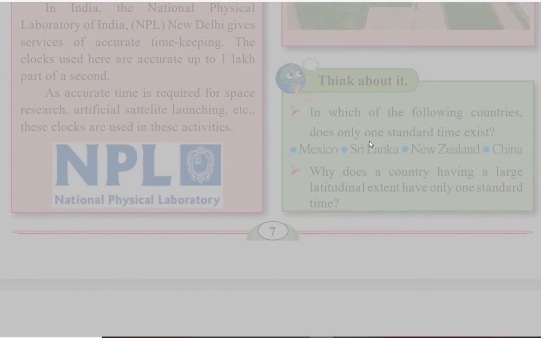In India, the National Physical Laboratory of India, NPL, New Delhi gives services of accurate timekeeping. The clocks used here are accurate up to 1 lakh part of a second. As accurate time is required for space research, artificial satellite launching, etc., these clocks are used in these activities.